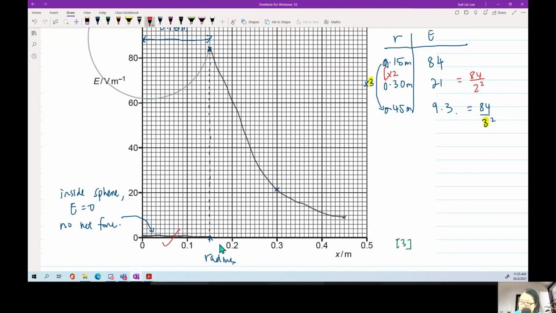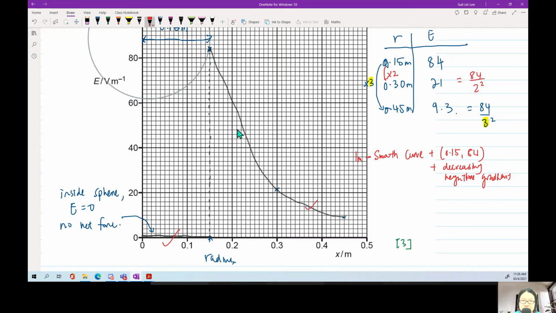Okay, and then there's a smooth curve with decreasing gradient, passing through the coordinate 0.15, 84, plus negative gradient. Basically the shape is 1 mark.